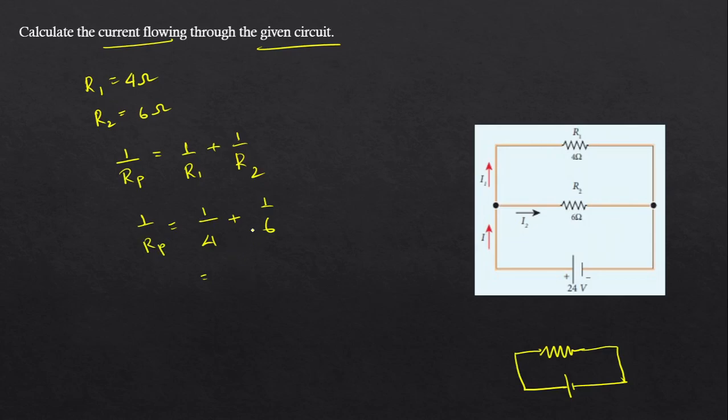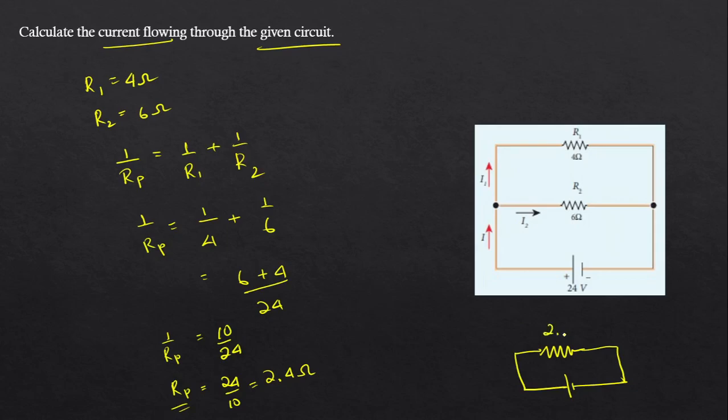So this becomes 6 plus 4 divided by 24. 1 by Rp will be equal to 10 by 24. Rp will be equal to 24 by 10, which is 2.4 ohms. So we found out the resistance.